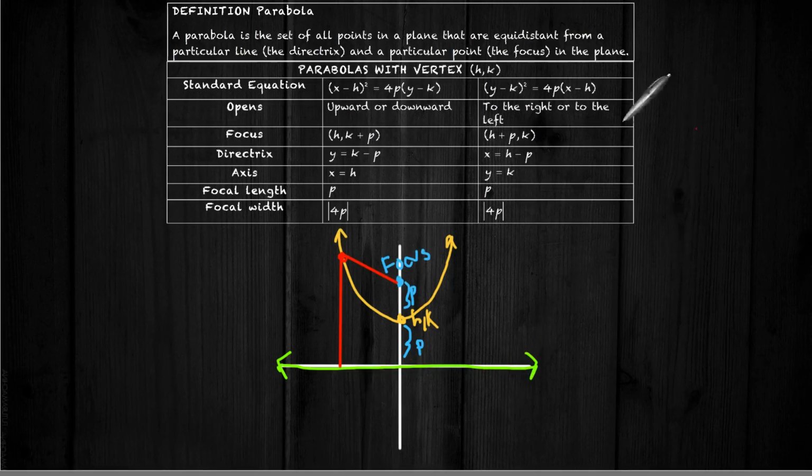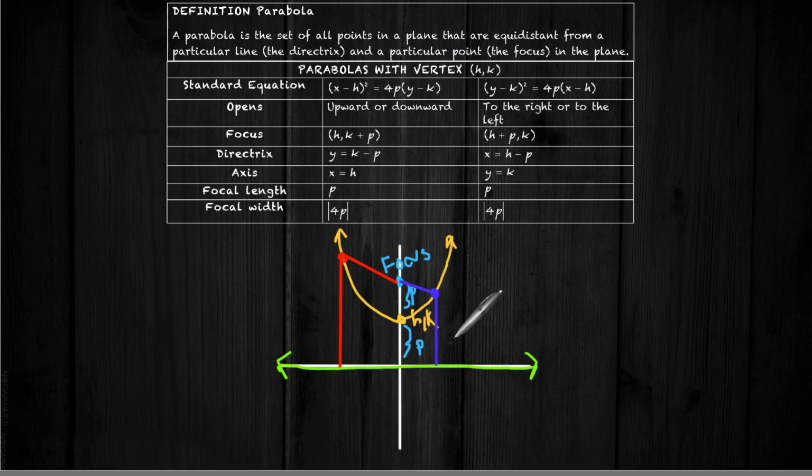And so maybe there's some point right here, and that point on this parabola is the same distance to the focus, and it's the same distance to this line called the directrix.